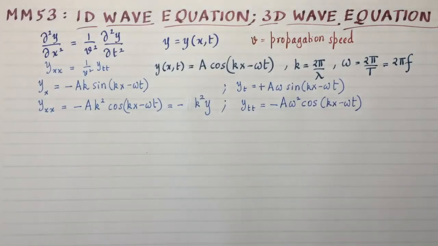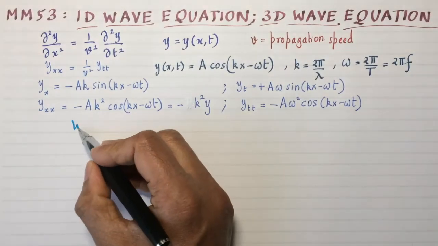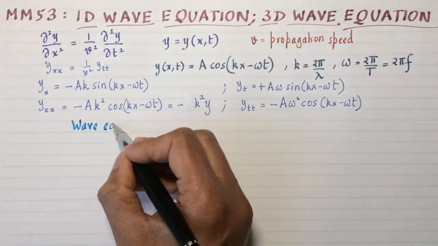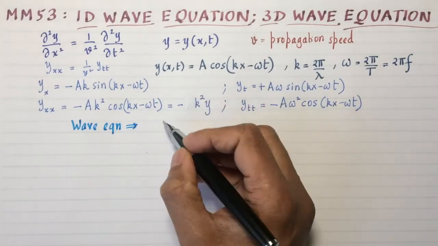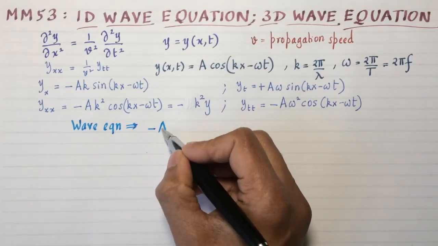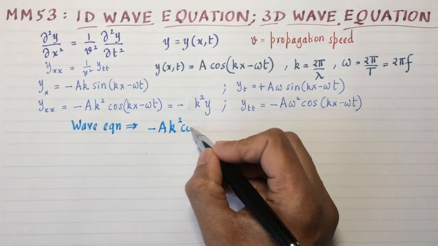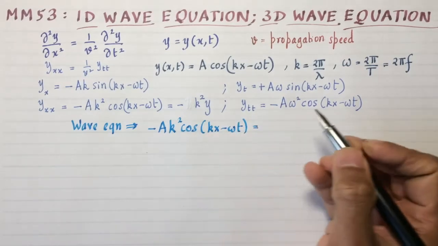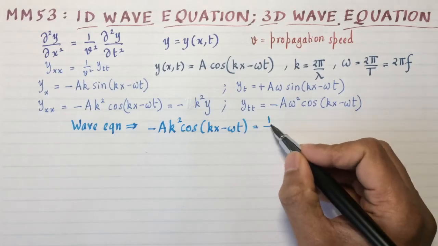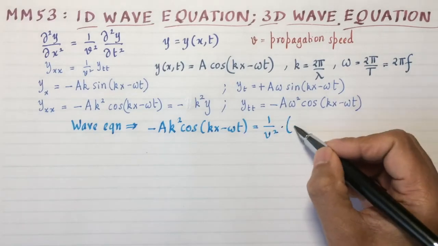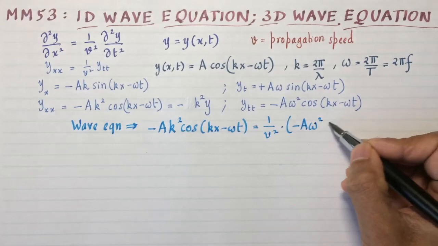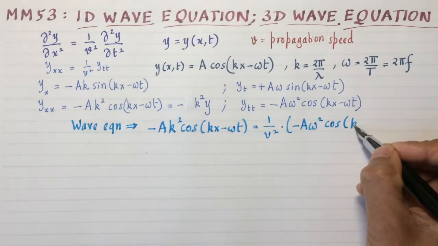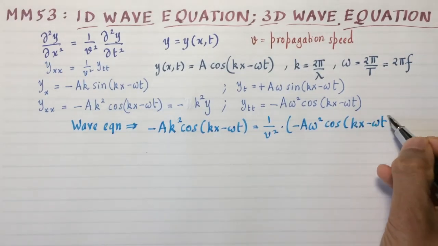Now I put both of these things in the wave equation. So the wave equation gives me minus a k squared cosine kx minus omega t equals 1 over v squared times minus a omega squared cosine kx minus omega t.